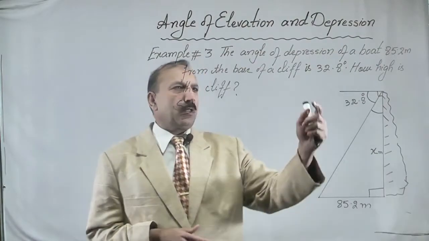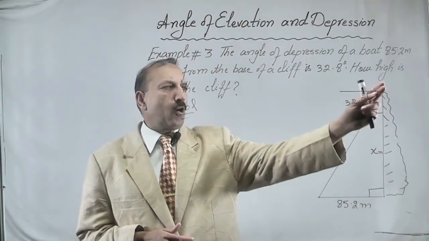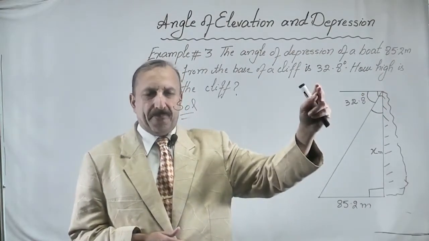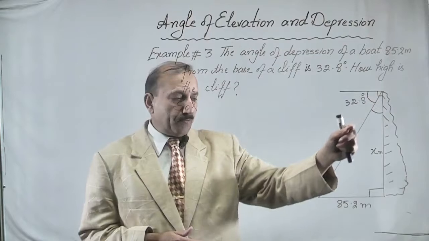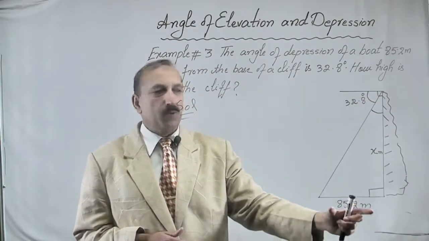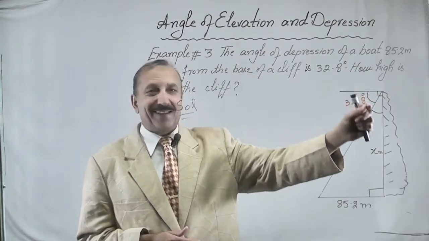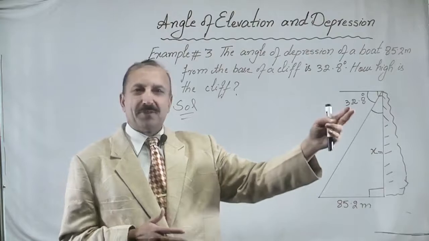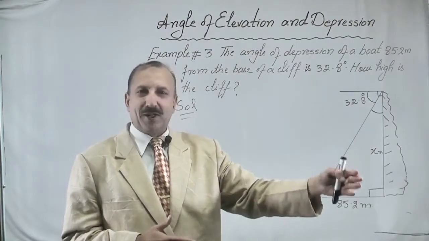And the angle of depression is 32.8. From the top of the cliff we need a horizontal line, and from this top to the point at distance 85.2, we draw this angle, the angle of depression. But this angle is outside of this right angle triangle.